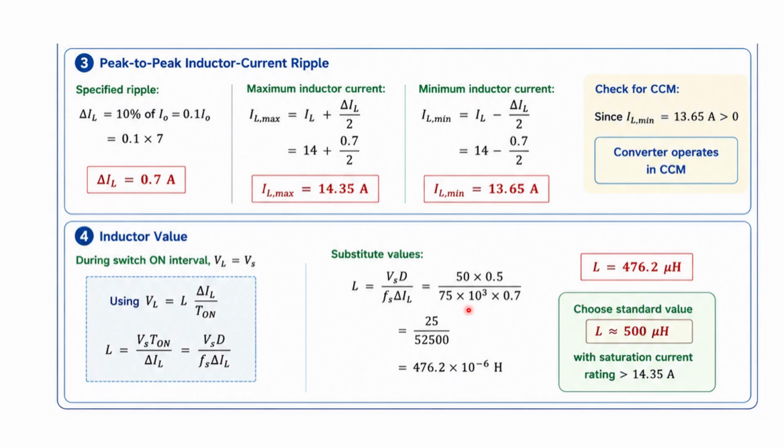Fs is 75 kilohertz. Delta IL is 0.7. So on solving this, you will get 476.2 into 10 raised to minus 6 Henry, or this can be written as 476.2 micro Henry. So approximately we can choose a 500 micro Henry inductor for your boost converter.